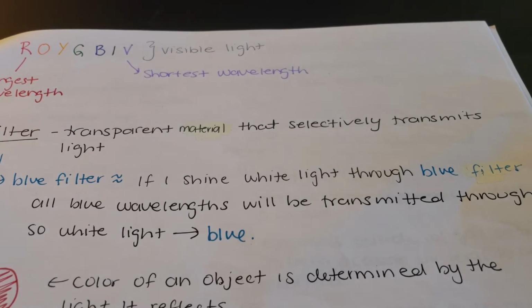So let me repeat that again. If I have a blue filter and a white light shining through it, it's going to transmit those blue wavelengths through so that the white light is no longer white, but blue.